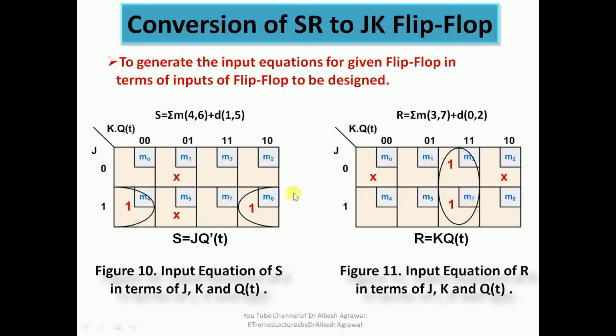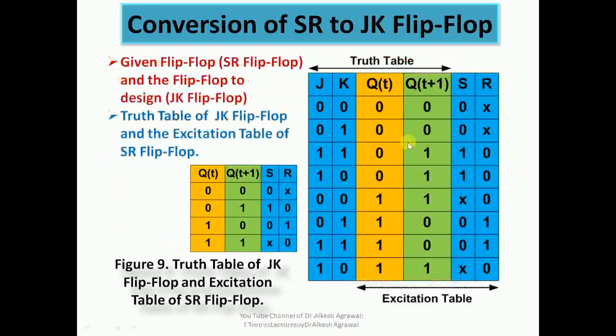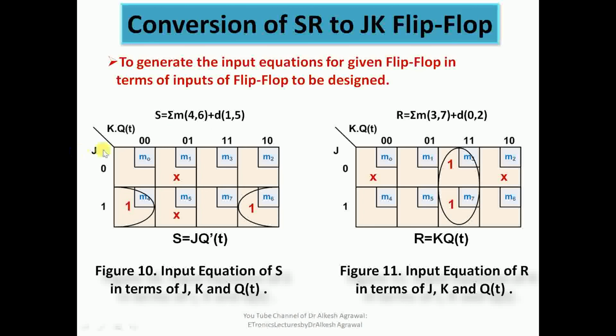So let us see. We have 2 K-maps. Here you can see the K-map for S, which is in terms of the inputs J, K and Qt. So S is equal to summation M4, 6 and don't care conditions 1, 5. So we have plotted in this K-map 2 don't care conditions at 1 and 5 and 2 min terms at M4 and M6.